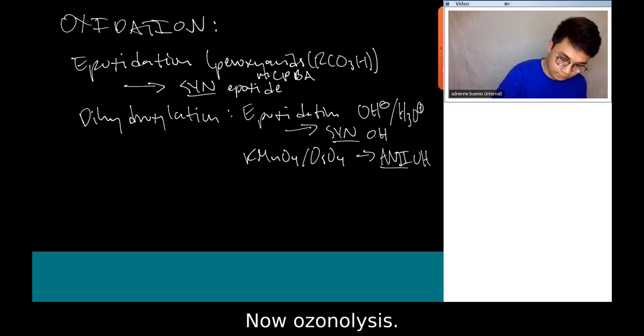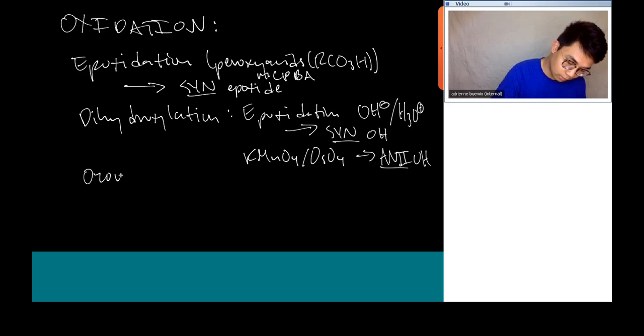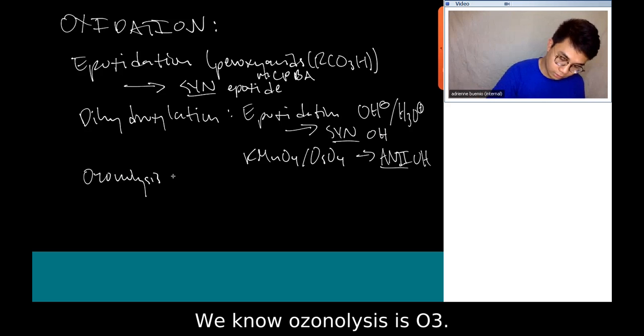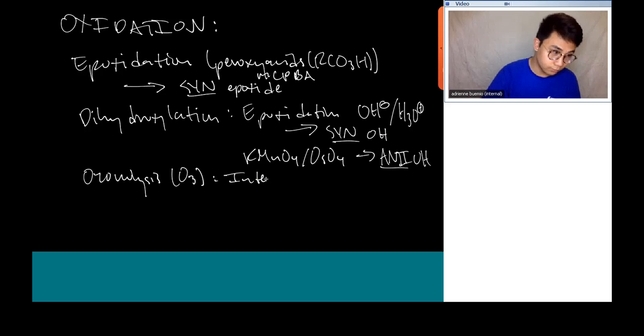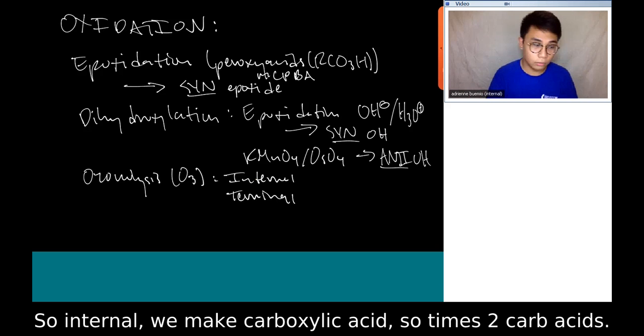Now ozonolysis, we know ozonolysis is O3, so we have internal and terminal. So internal, we make carboxylic acid, times 2 carboxylic acids, right?